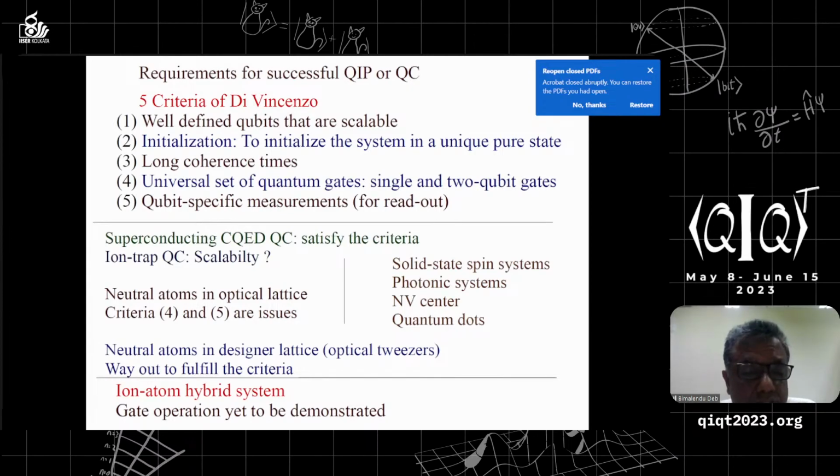So this is a way out to fulfill the other criteria, because in optical tweezers you can design the system as you wish, because it is a bottom-up approach: one can make arrays of optical tweezers.